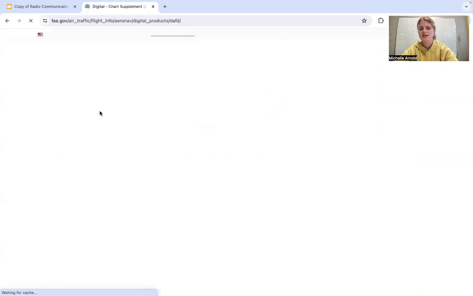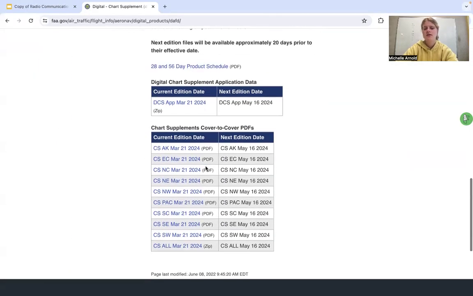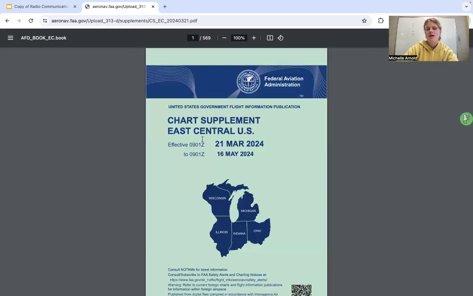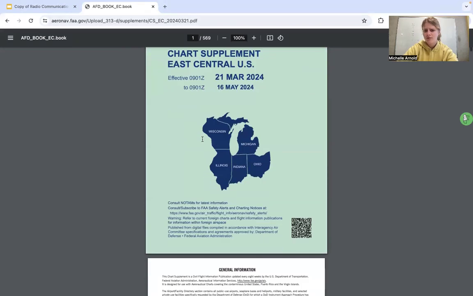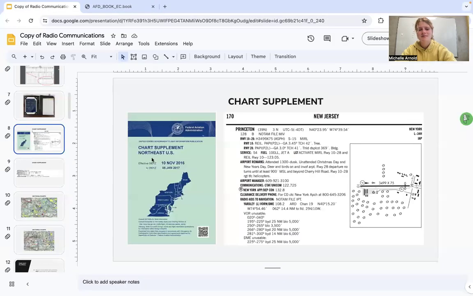Click on this first link. Scroll down, and since we are in Indiana, we'd use the East Central. It says EC. Click on that one, and it'll give you an up-to-date PDF of the chart supplement. And we'll go over how to find each airport later in this lesson.